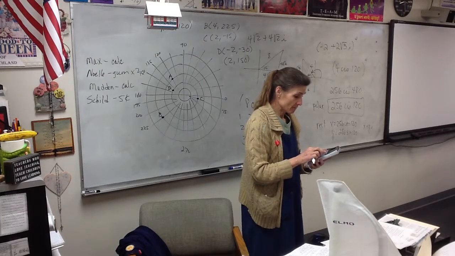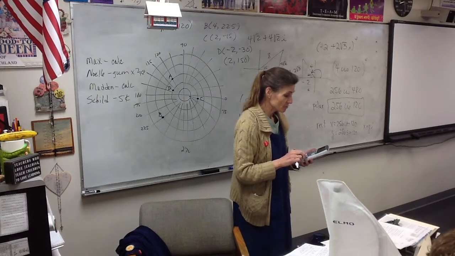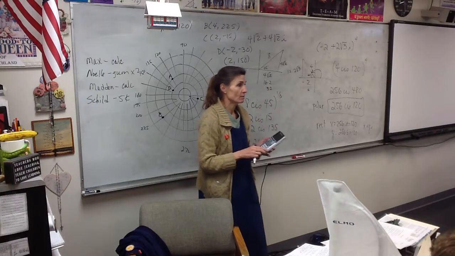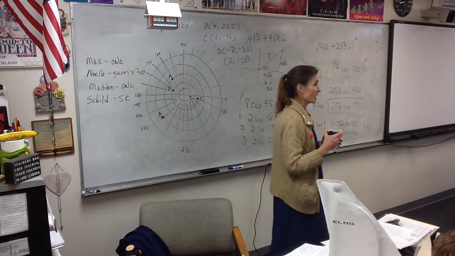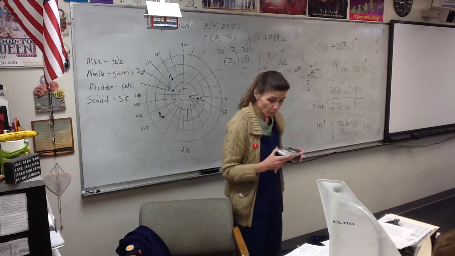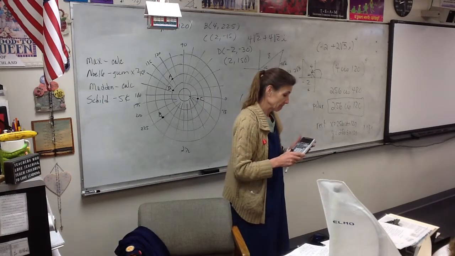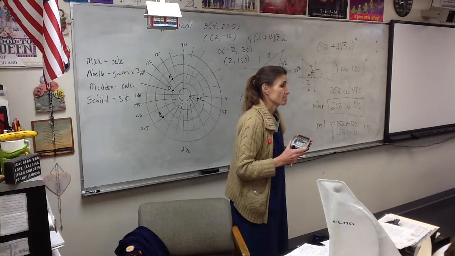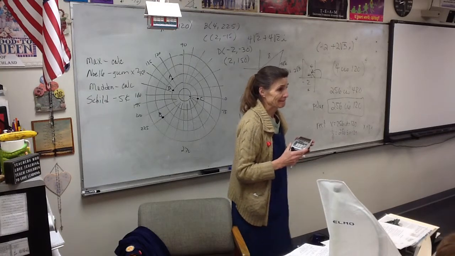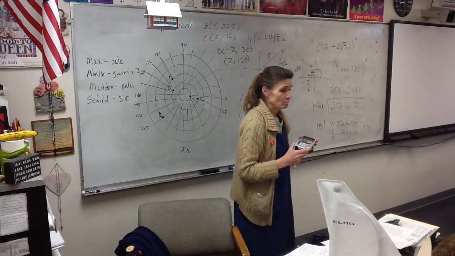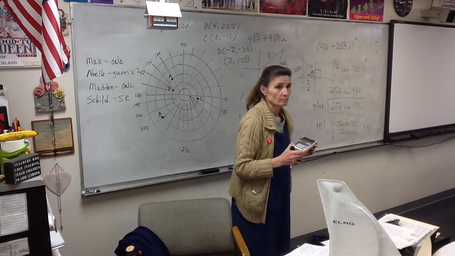You figure that out. I am not gonna be taking your test with you, so you figure that out. You kind of just answered that question. It has 3 leaves and they're 4 units long. How did you know that was 4? Because it's 4 sine 3 theta. We covered that like 10 minutes ago.